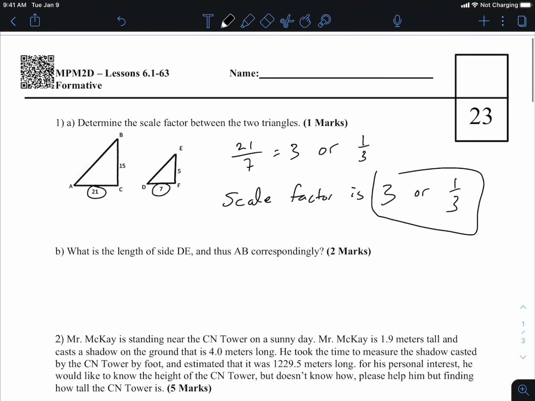All right. So here's the catch for the second question. The problem is you're looking for side length DE, right? But the problem is you don't have AB accordingly, right? So you could do one of two ways to do this.